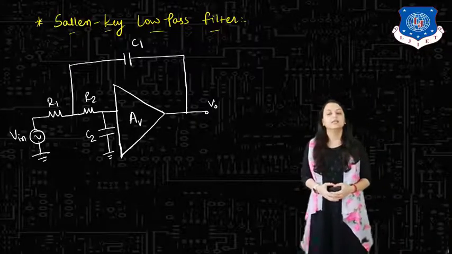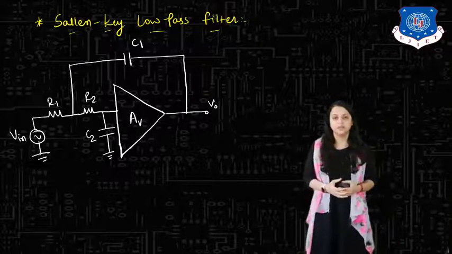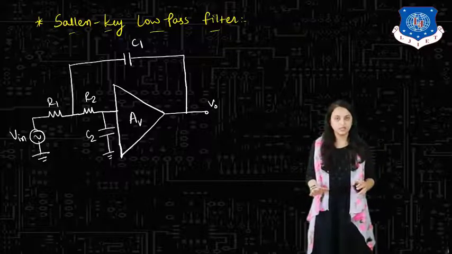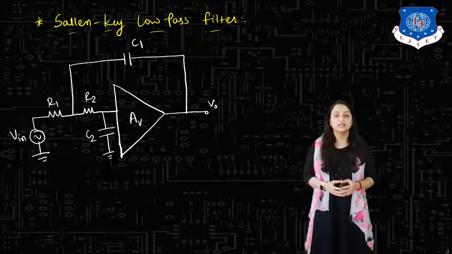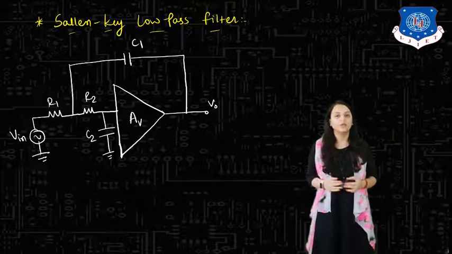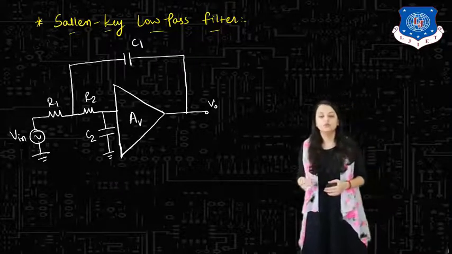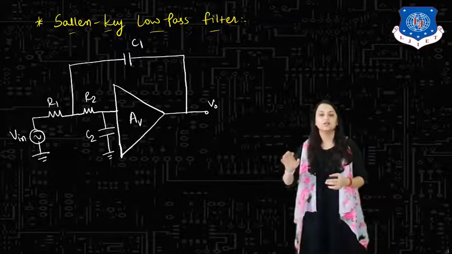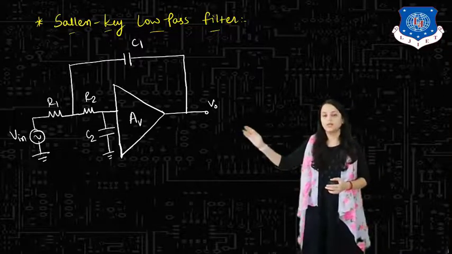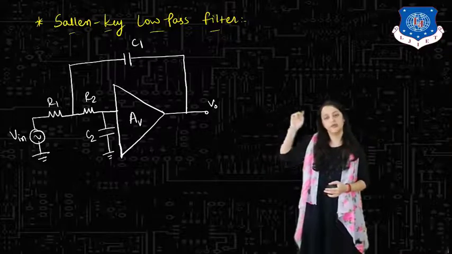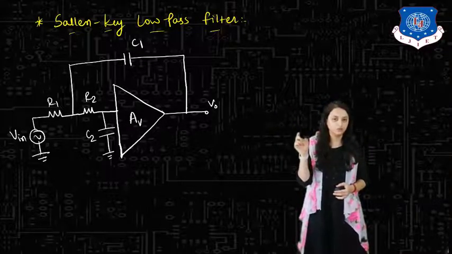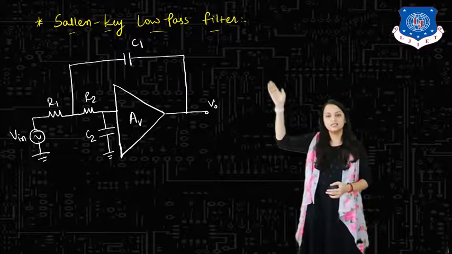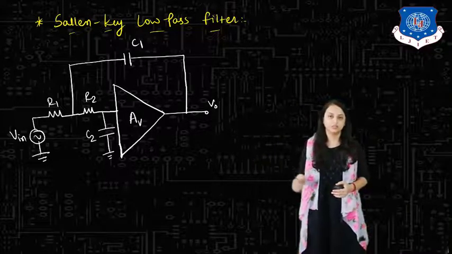Now let us design the Sallen-Key low pass filter. We have seen the generalized circuit for the Sallen-Key filter. If we want to design a Sallen-Key low pass filter, we need to use resistances directly connected to the source. As you can see from the circuit diagram, for Z1 we have taken R1, for Z2 we have taken R2, for Z3 we have taken C1 and for Z4 we have taken C2.